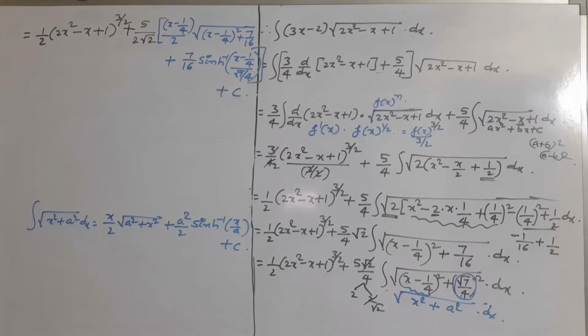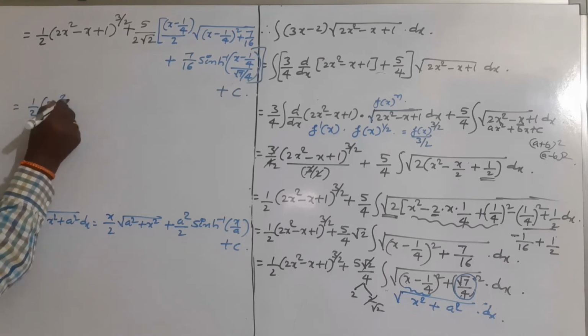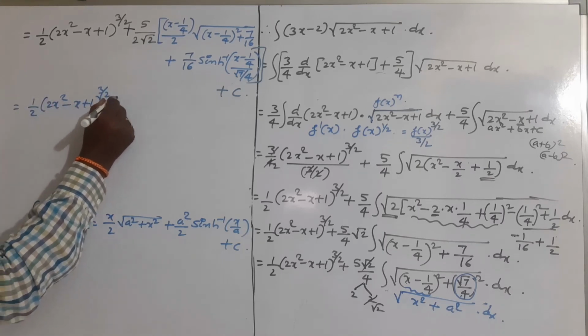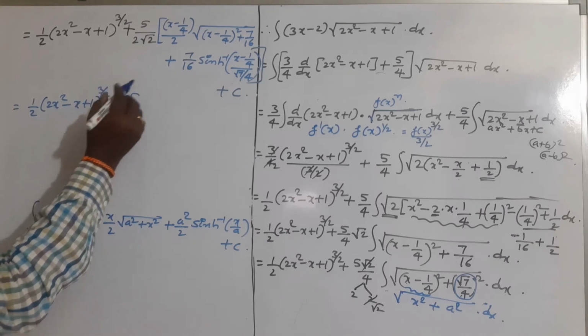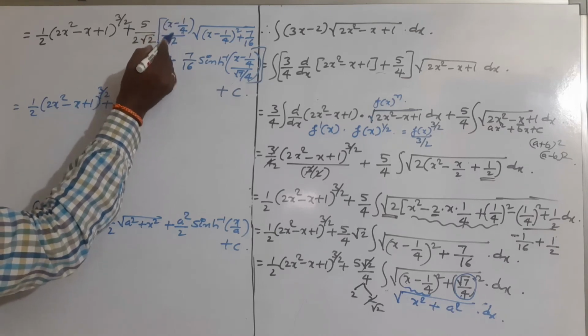Okay. Now see the next step. Again the first part is the same, half into (2x square minus x plus 1) whole power 3 by 2, plus 5 by 2 root 2. So take the LCM here, 4x minus 1 by 4, 4 twos are 8.